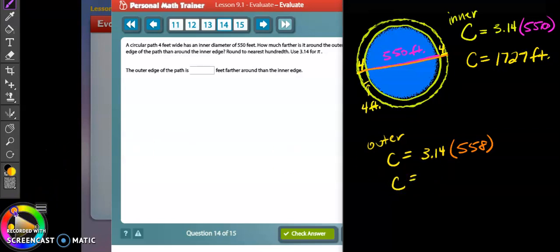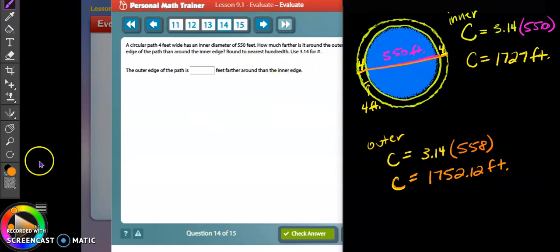And then this circumference, because this is the bigger circumference, the bigger circumference here is going to be 1,752.12 feet. Okay, so what they want is how many feet farther around the outer edge of the path is than the inner edge. So I've got to subtract these 2 numbers.